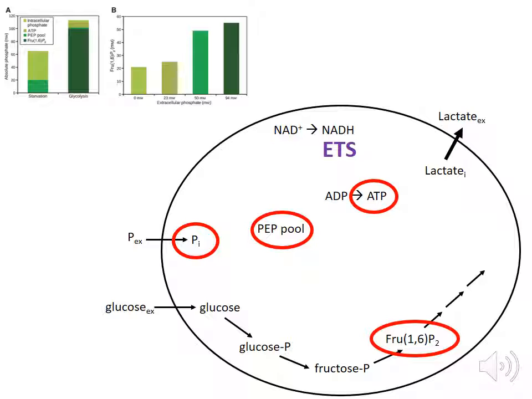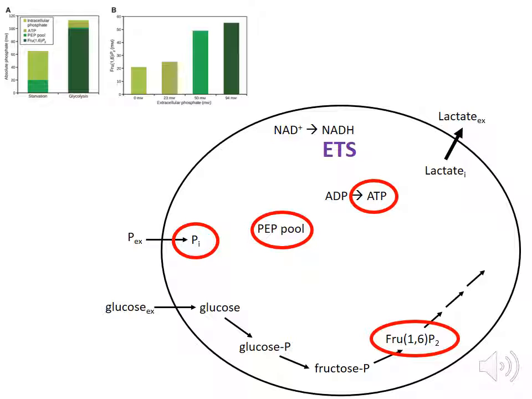They're also measuring the fructose, because if you add glucose, glucose is going to move inside the cell. It'll be phosphorylated, converted to fructose, and another phosphate is added to it, so you have fructose biphosphate. So they're looking to see, did the glucose get in the cell and did it move along glycolysis?